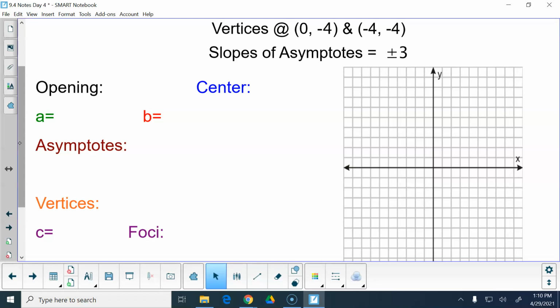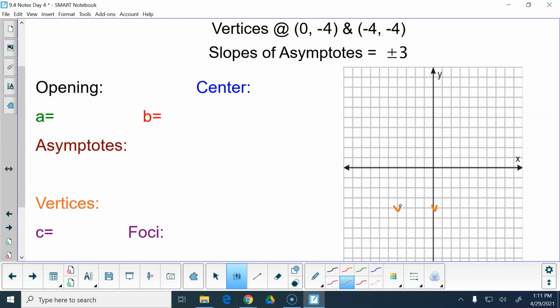this out. So the very first thing that we have is that the vertices are given at 0, -4 and at -4, -4. Based off of that, what direction does this hyperbola open?